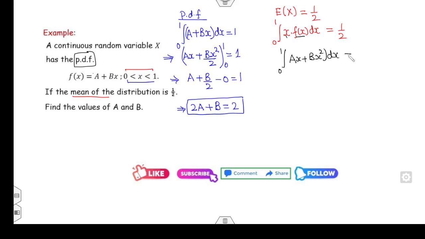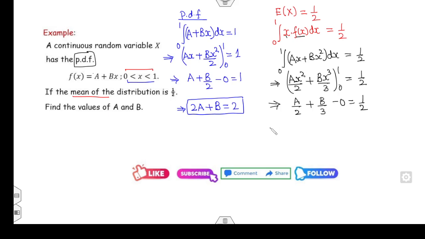Now can you integrate them? The answer is a x square over 2 plus b x cube over 3 from 0 to 1, which is equal to half. If you substitute the upper limit, it is a over 2 plus b over 3 minus 0 is equal to half. I can multiply both sides by 6. So this is 3a plus 2b is equal to 3.